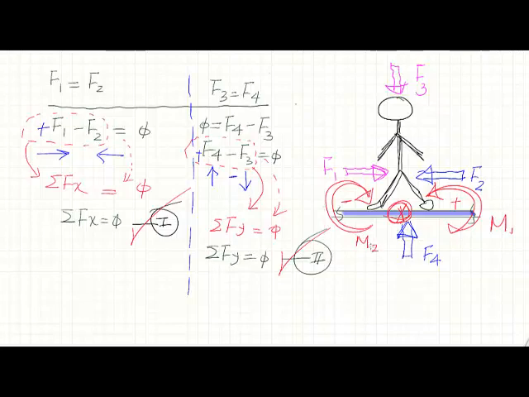So let's elaborate on this part here. What we are saying is that M1 must be equal to M2 for this person not to bend, right?